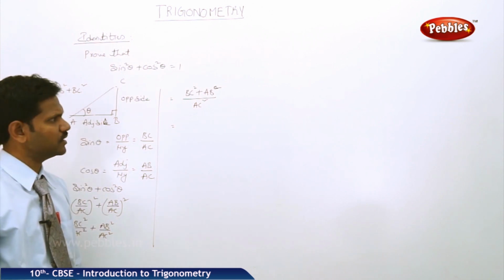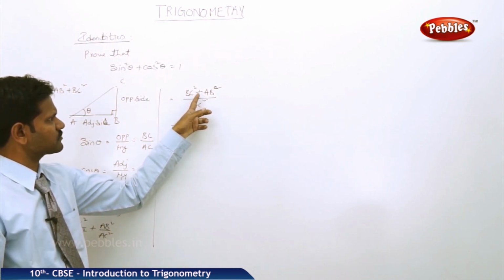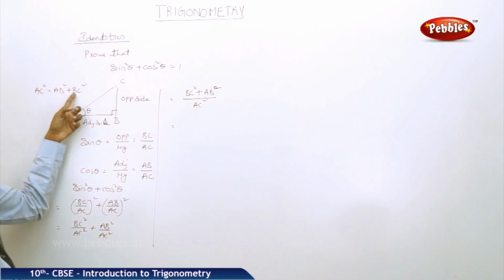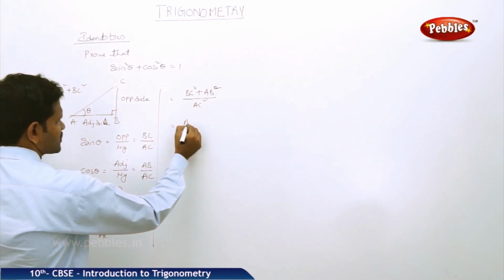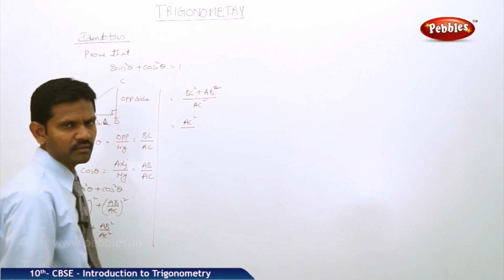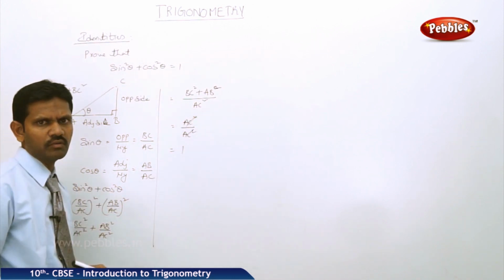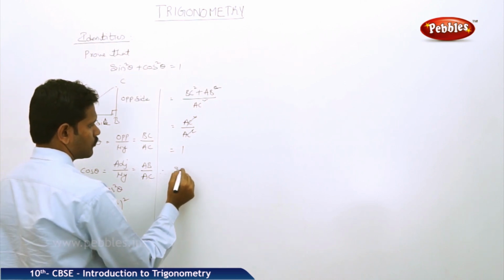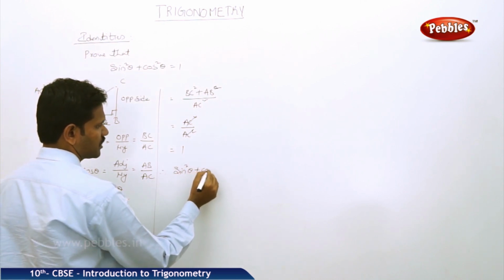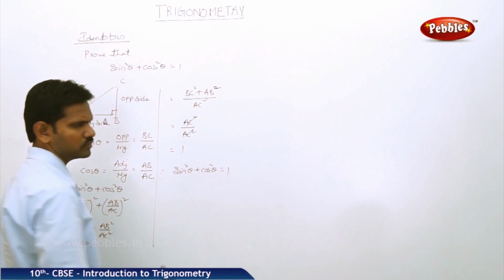From this identity, in place of BC square plus AB square I can write AC square by AC square, which cancel and give you 1. Therefore, sin square theta plus cos square theta is equal to 1.